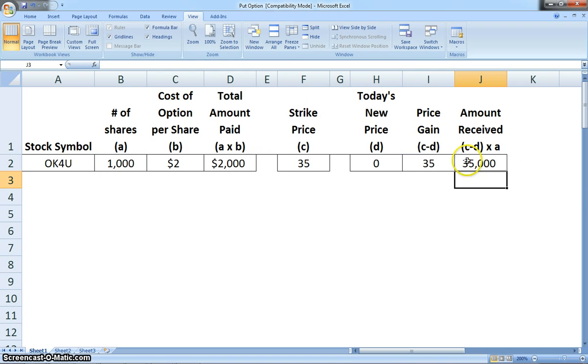So you're going to receive $35,000 through exercising this put option contract. To calculate what your profit is, you would, from the $35,000 that you received, subtract the $2,000 that you paid for this option contract, giving you a total profit of $33,000. Not bad.